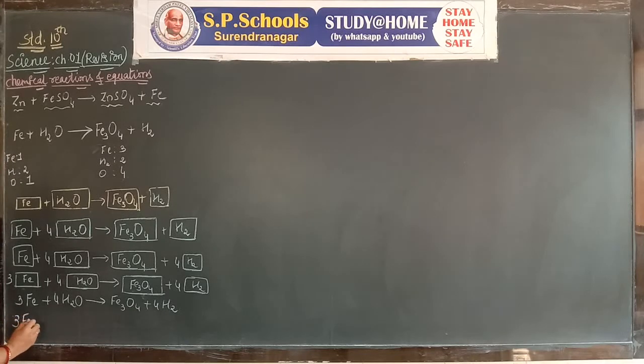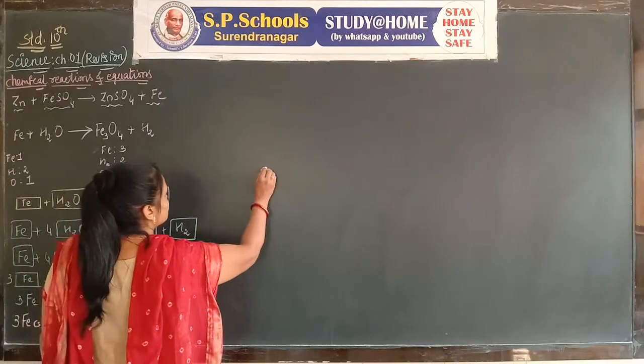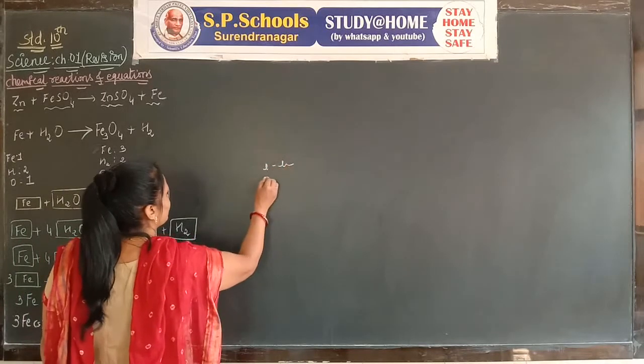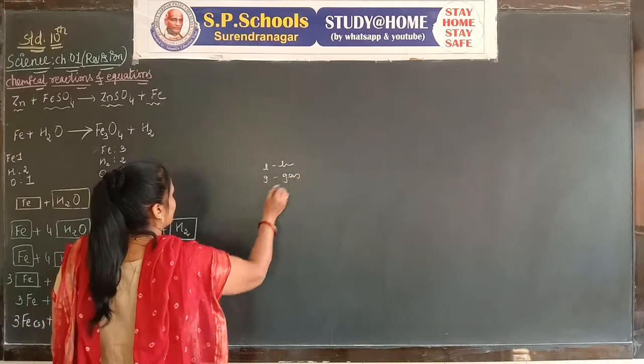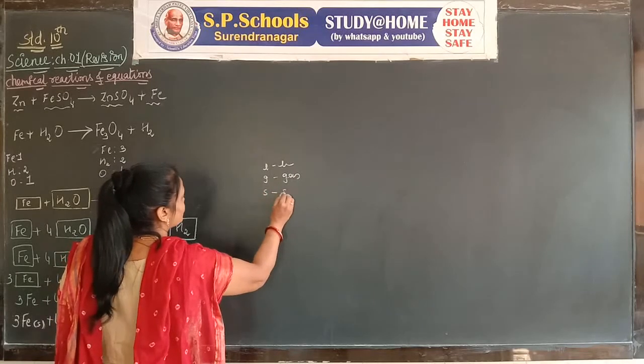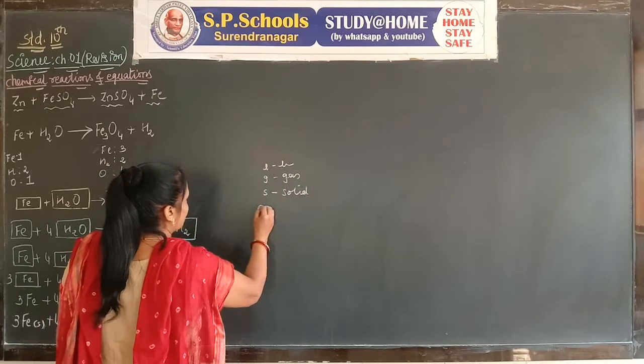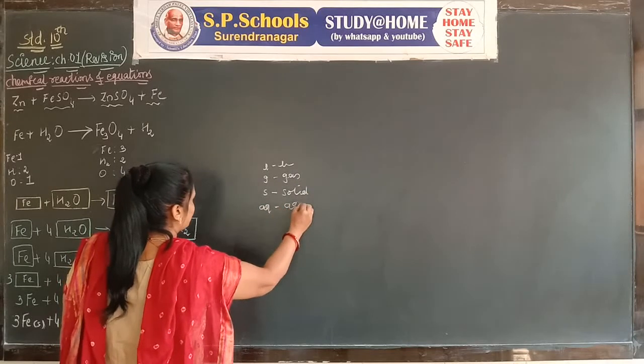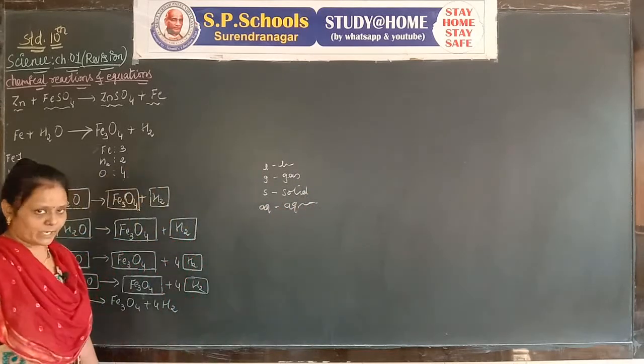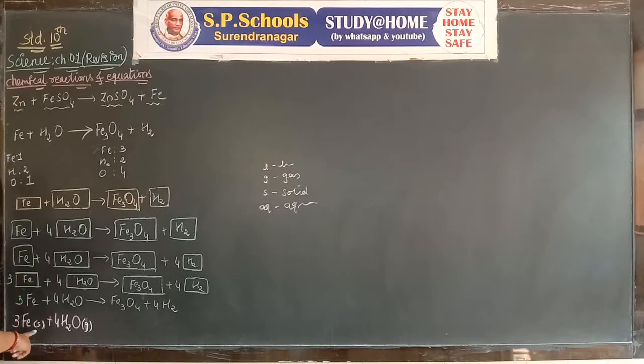So we write 3Fe, Fe means solid metal. 4H2O, here water vapor can occur. So we write small g instead of l. We write small l for liquid, small g for gas, small s for solid, and small aq for aqueous solution. So Fe will be solid, it will be metal.